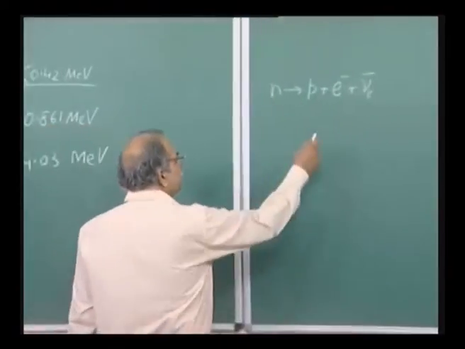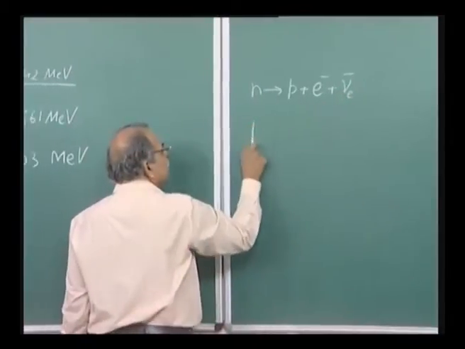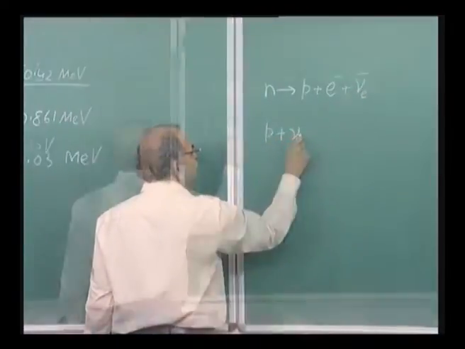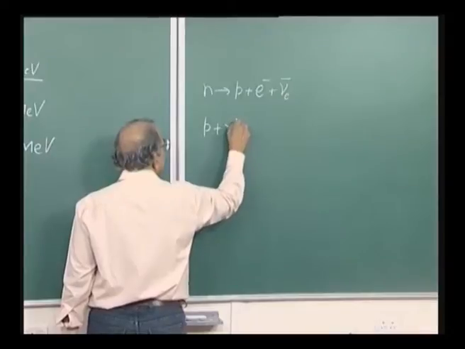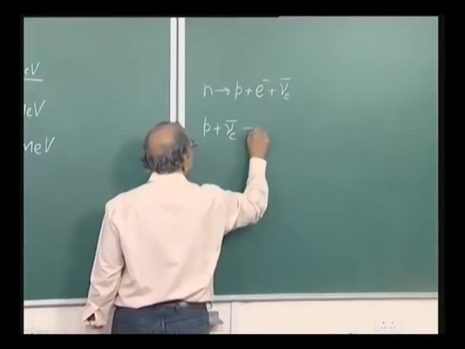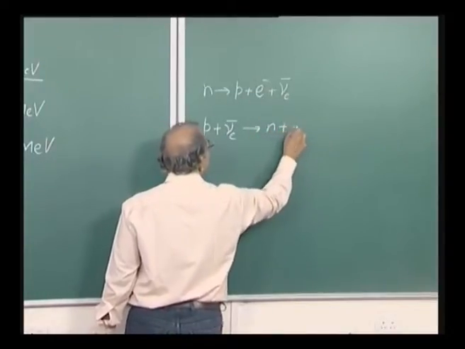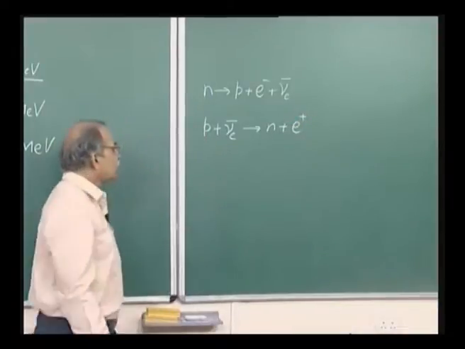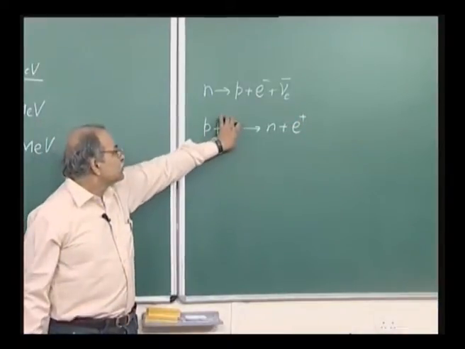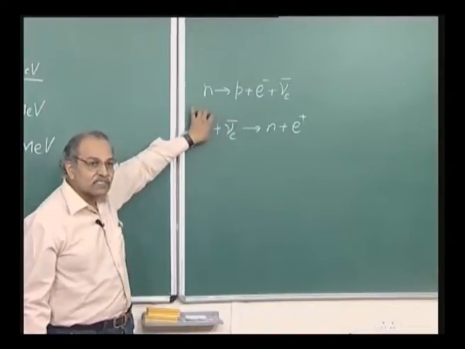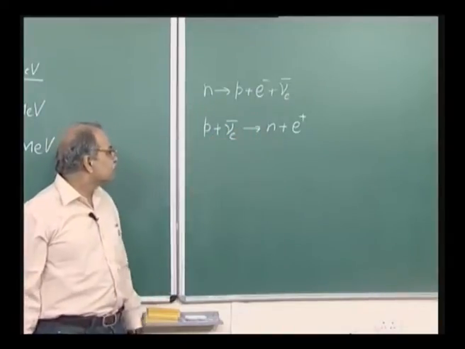So, if you want to write this reaction, it will be p plus anti-nu_e gives n plus e+, right. So, these antineutrinos will react with protons to give this reaction.